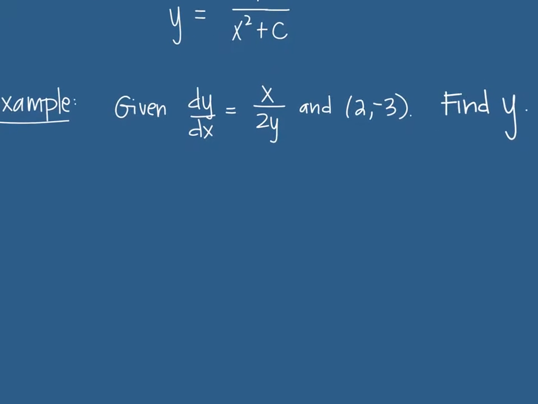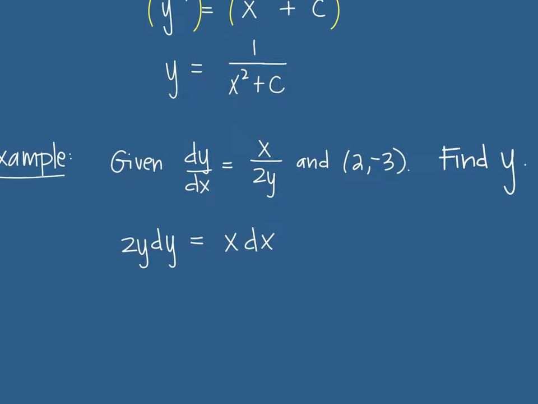What's the purpose of that (2, negative 3)? It's going to help you to find c. Okay, we separate and integrate. And so I'm going to cross multiply here so that I can separate. So I'll have 2y dy, and on the other side I'll just have x dx. So this was pretty easy to separate using cross multiplication.